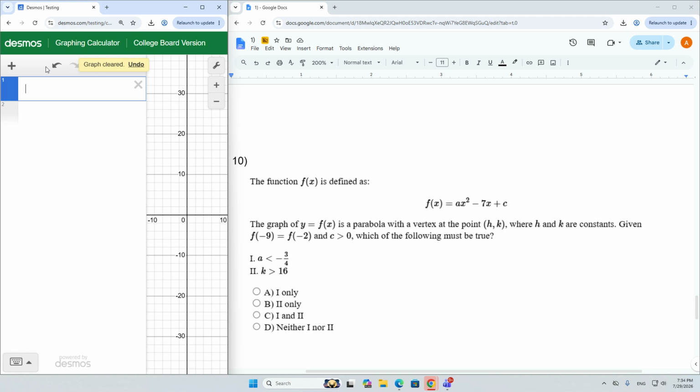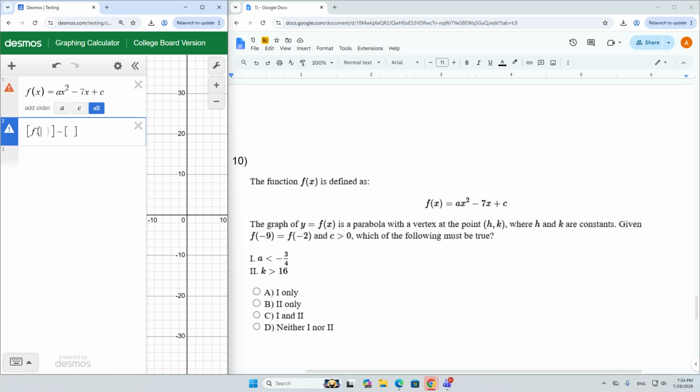All right, easy, D. So f of x equals ax squared plus bx plus c. Okay, so we're going to get our a because we have the symmetry here. So function of -9 equals function of -2.